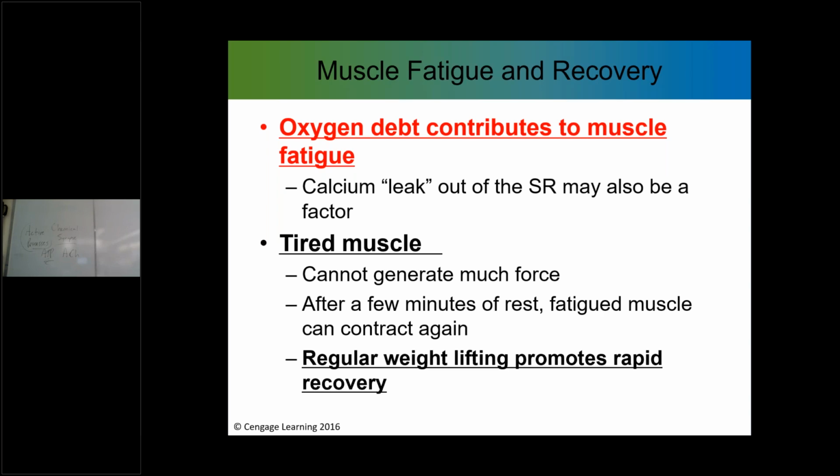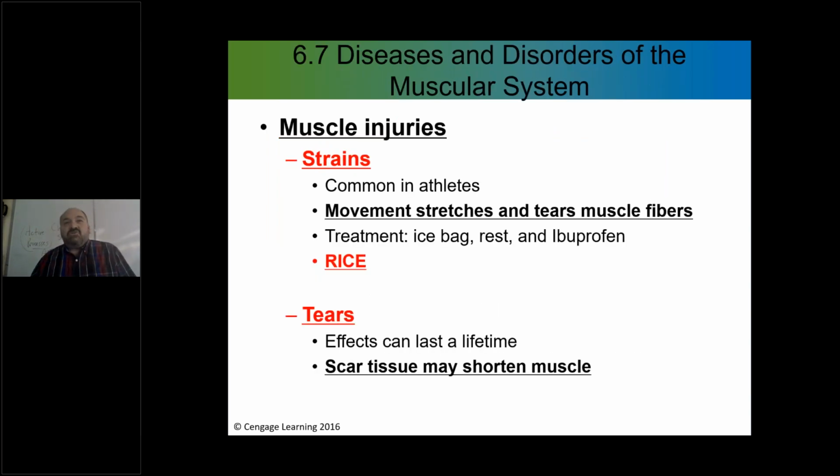Training is very important, folks. Whether it's a young person, a middle-aged person, or a geriatric, an older patient, everybody needs to do some type of resistance training.